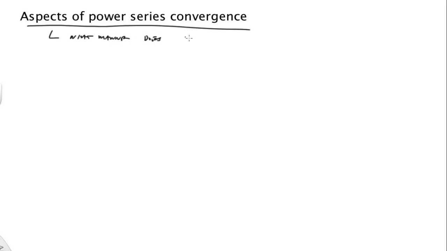Take some sort of power series where we write S of z, and usually we have a z naught there, is equal to the sum of n from 0 to infinity of some sequence of complex numbers a_n times z minus z naught to the n power.